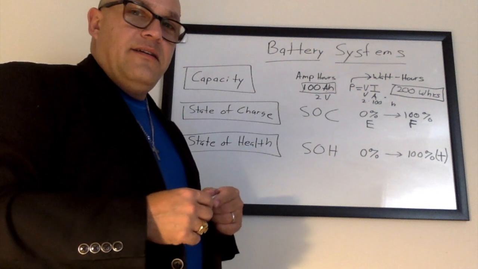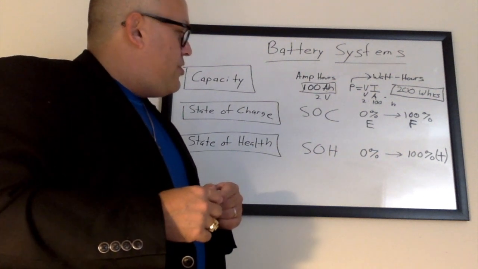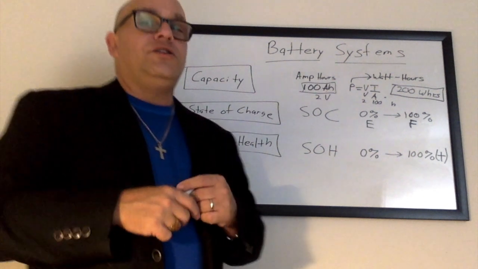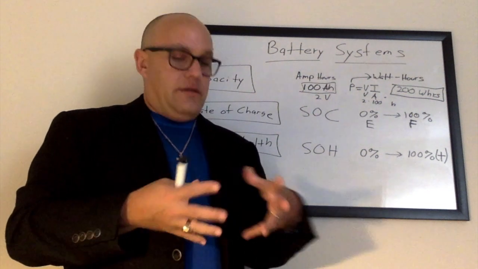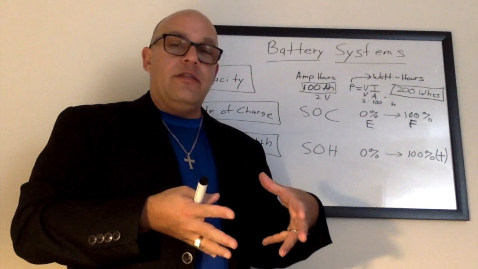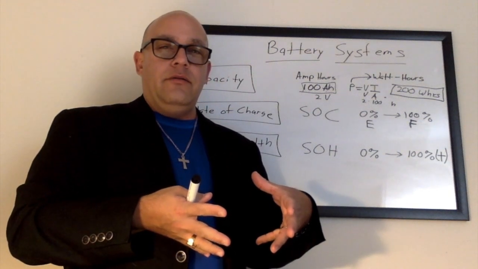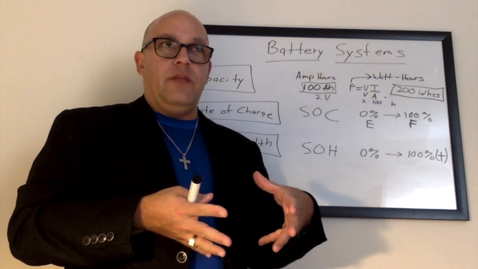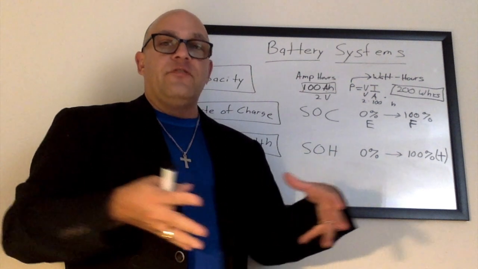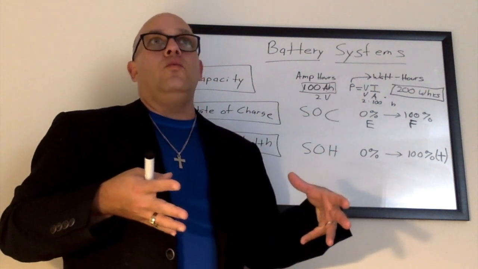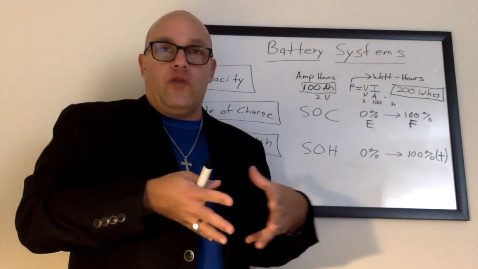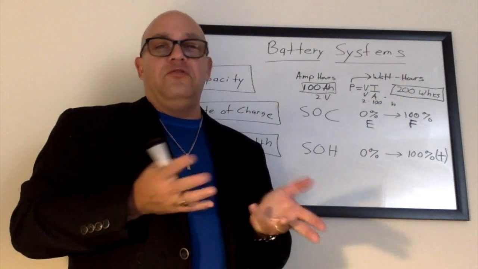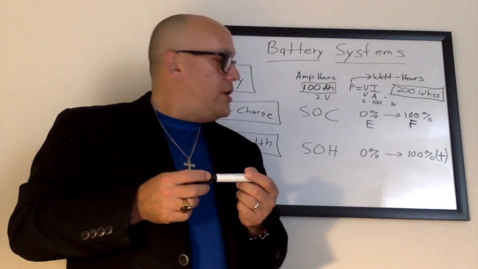All right, so state of health. State of health is how much gasoline, how big the tank is, right? Let me see if I can say that in a better way. The size of the tank. So as a battery ages, the size of the tank, the electron tank, is going to shrink, as opposed to, say, a gasoline engine, which they don't shrink, right?